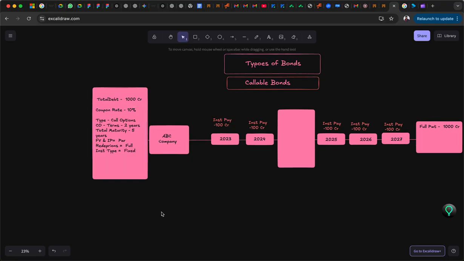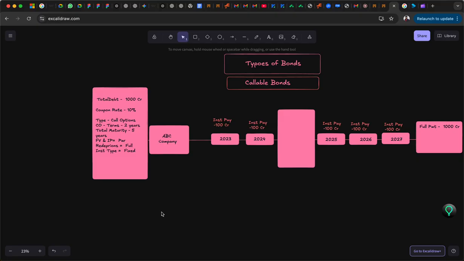So it means it will not change. Once you issued it, it is issued. So throughout the 5 years, as a company, you will have to pay 10% interest to the investor, no matter what, because this is what you have committed to with the 10% coupon rate. All right.